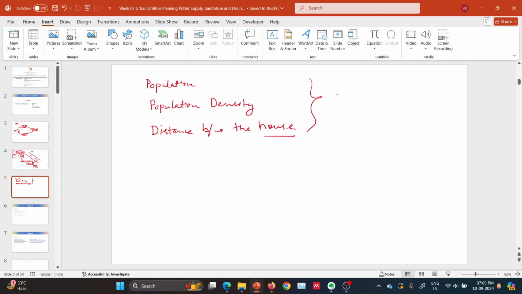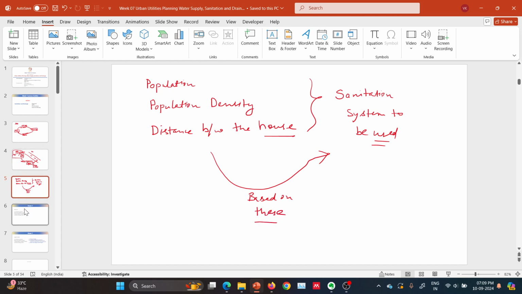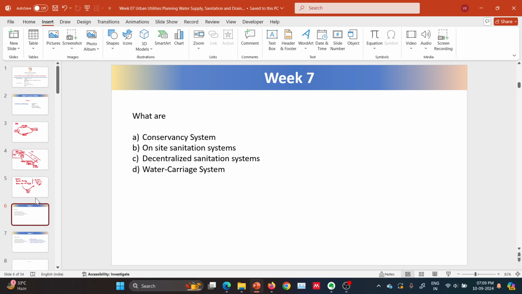Based on that, we will decide what type of sanitation system is to be used. So, what are the conservancy system, on-site sanitation system, decentralized sanitation system, and water carriage system?